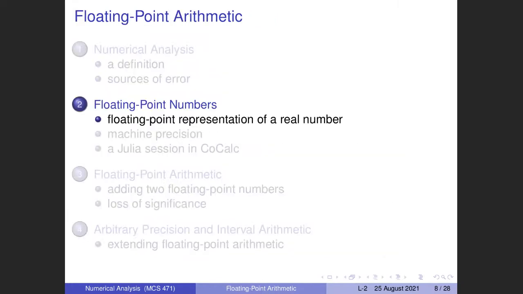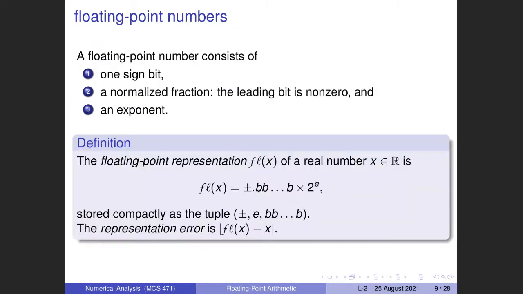All right, so now the lecture gets more technical. How do computers represent real numbers? Well, we don't have real numbers in a computer. We have only bits, but we do have floating point numbers.